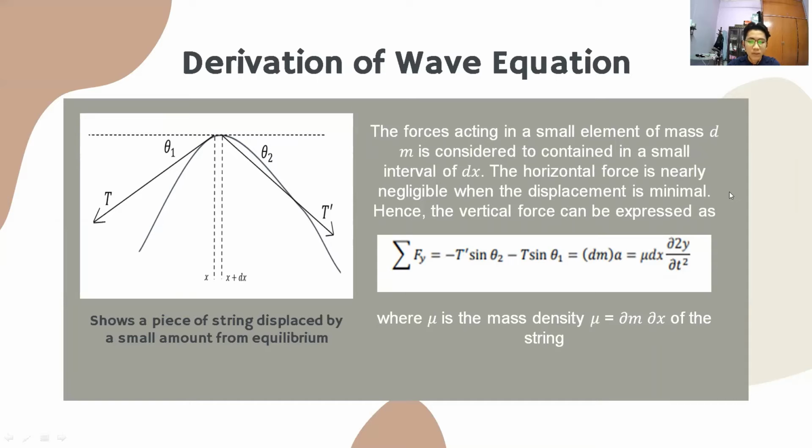Hence, the vertical force can be expressed as Fy equal to negative t prime sine theta 2 minus t sine theta 1 is equal to dm times a, and we will get mu dx delta y over delta t square, where mu is the mass density, mu equal to delta m over delta x of the string.